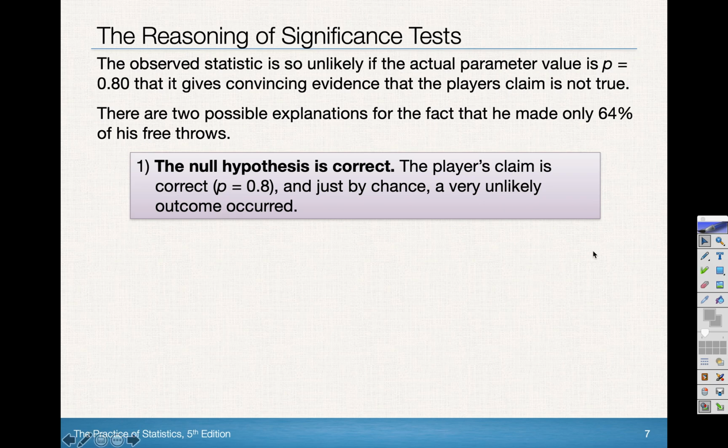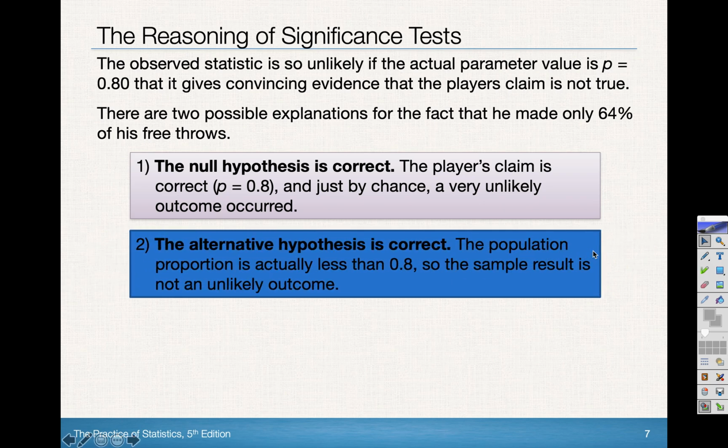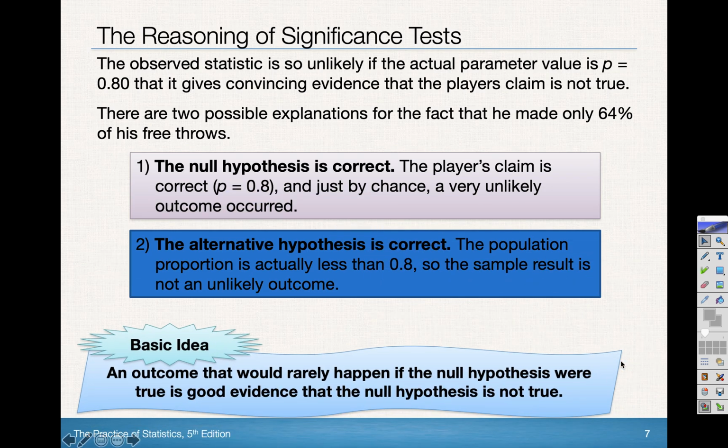The other thing that could be happening is the alternative hypothesis is correct. And that alternative hypothesis was that the population proportion was less than 0.8, meaning that I actually shoot and make less than 80% of my free throws. Now, the alternative hypothesis being correct is more logical in this scenario because of my probability of the event occurring being so small.